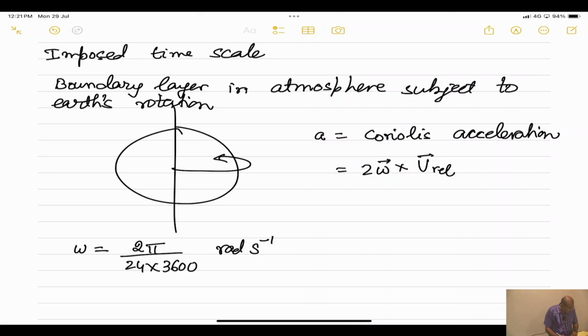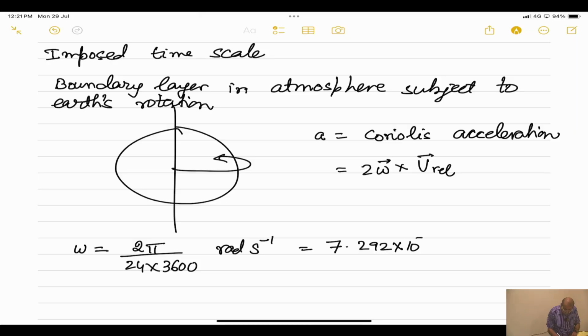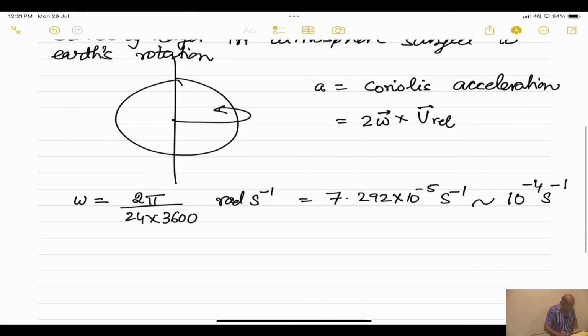Okay. So this turns out to be equal to something like 7.292 into 10 to the power of minus 5 radians per second, and we can take it as an order of magnitude as 10 to the power of minus 4. So this frequency is of the order of 10 to the power of minus 4.